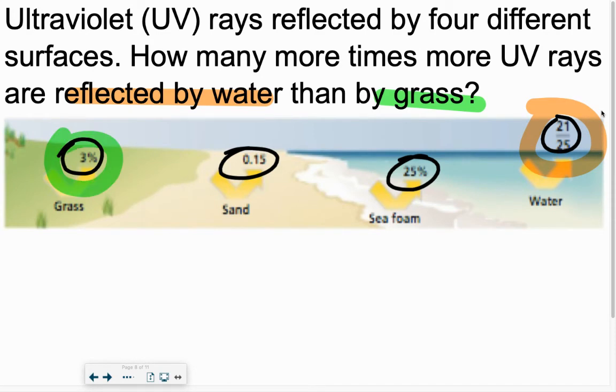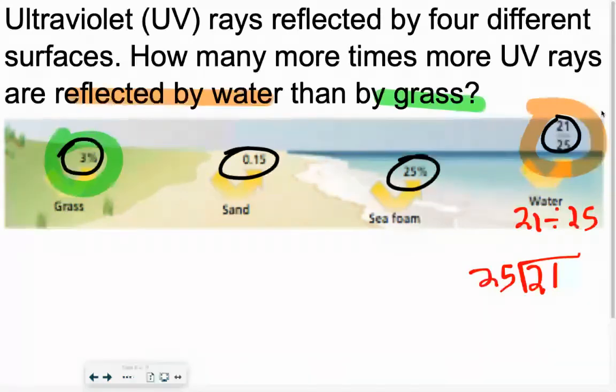In order to figure this out, make them both the same. And I don't care which one you choose, fraction, decimal, or percent. Since grass has a 3%, I'm going to try to go with percent. Now you could divide 21 divided by 25 with a calculator. You could do it by hand, and put the numerator inside and then divide out from there.